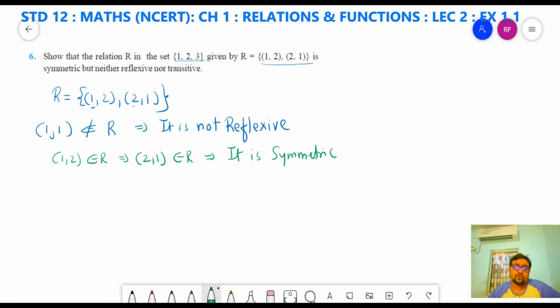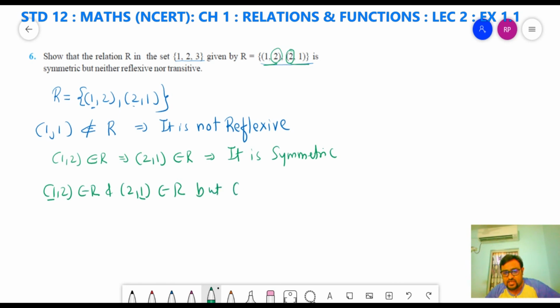Clear? Now for transitive, I can see (1, 2) belonging to R and (2, 1) belonging to R. So that means (1, 1) must belong to R for transitive.